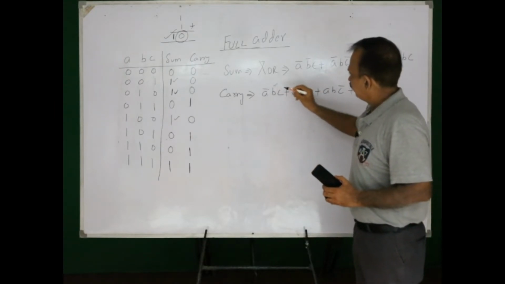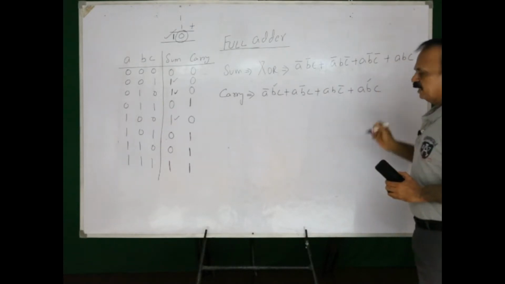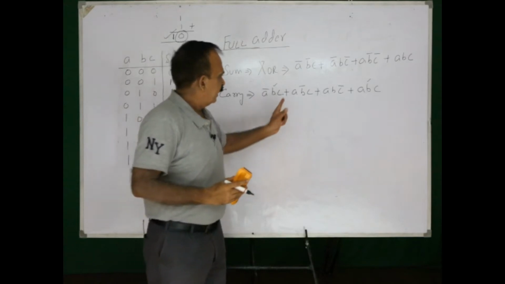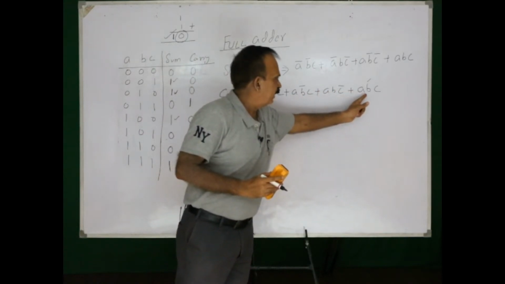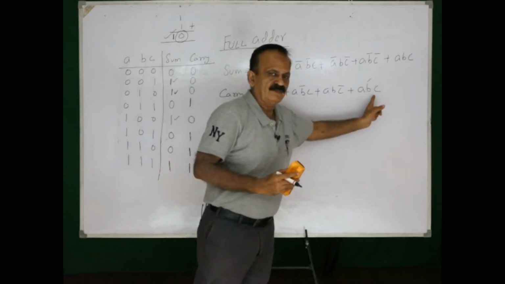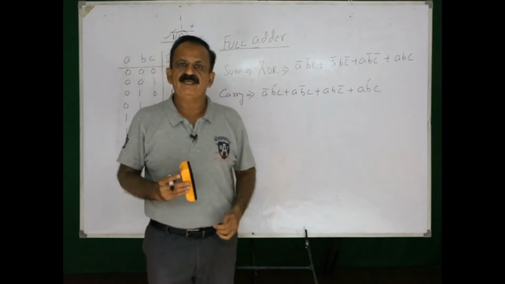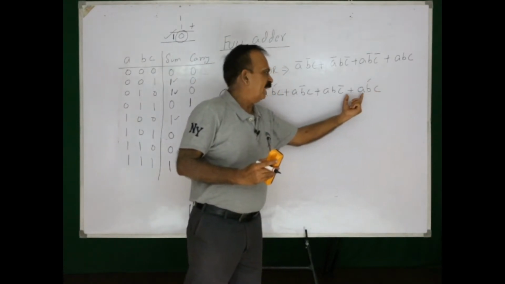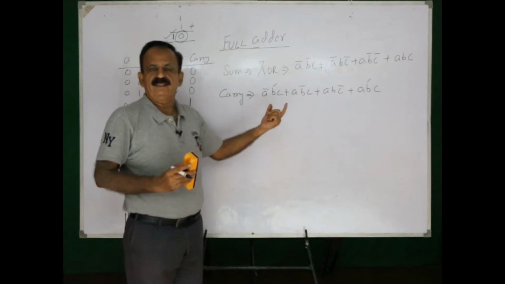If we carefully see this and this, there are two common entries, B and C. The next one has common entries with this, AC, and this one has a common entry with this, in the form of AB. That means this particular term can have common values with all these three.